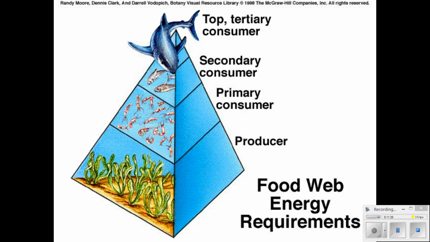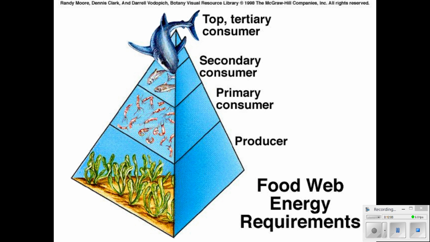If you ate a peanut butter and jelly sandwich for lunch, about 50% of that sandwich is being used to generate energy in you so you can listen to this video and take notes. About 40% of that, or maybe a little less, is being lost as waste and heat. And 10% of it is being used to build the biomass that makes up your body.